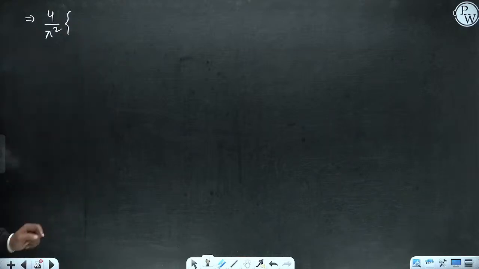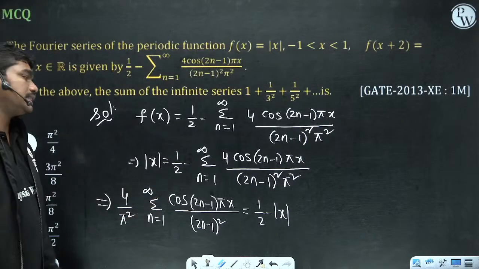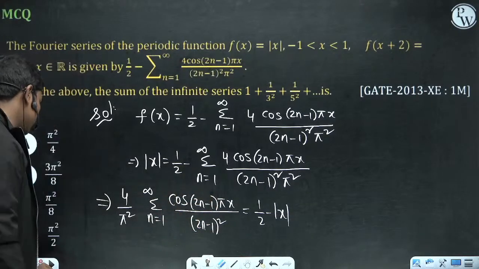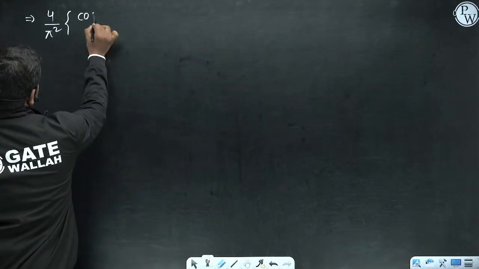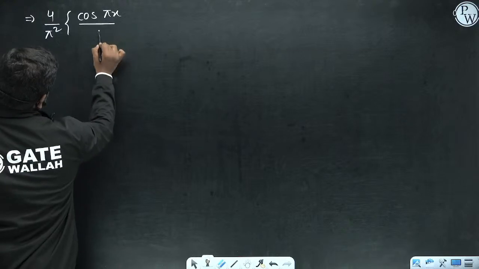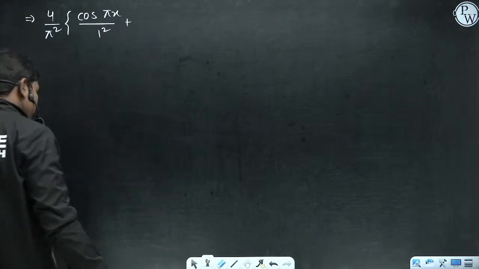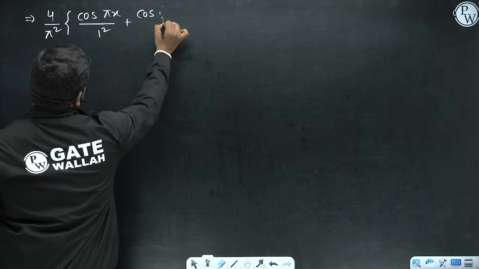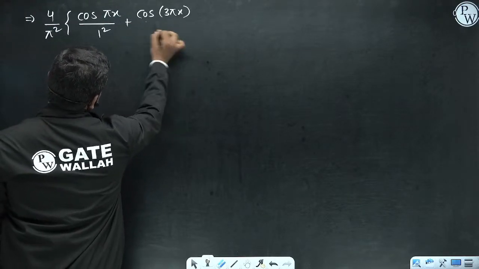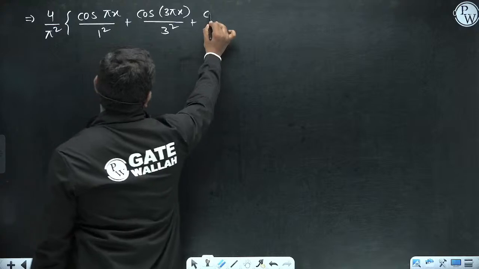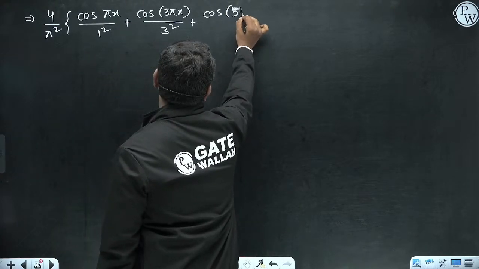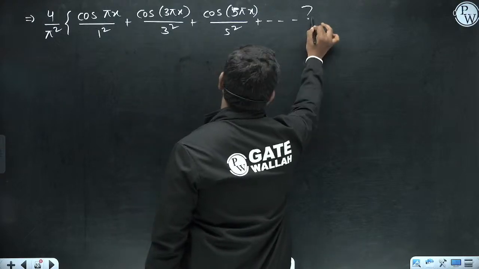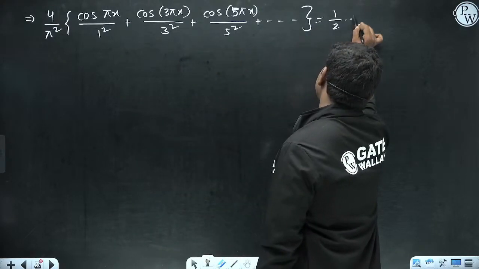Look carefully: if you put n equal to 1, this is cos pi x by 1 square. When you put n equal to 2, cos 3 pi x by 3 square, plus, when you put n equal to 3, cos 5 pi x by 5 square, plus, and so on. This series will go on, and this is equal to half minus mod x.